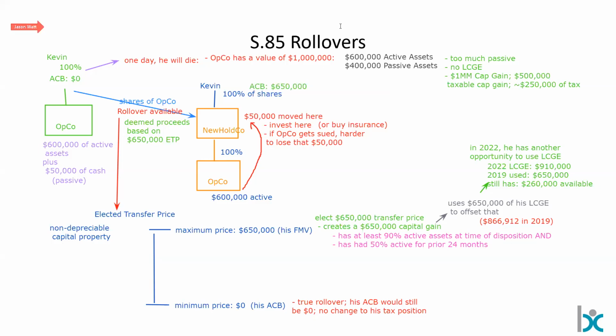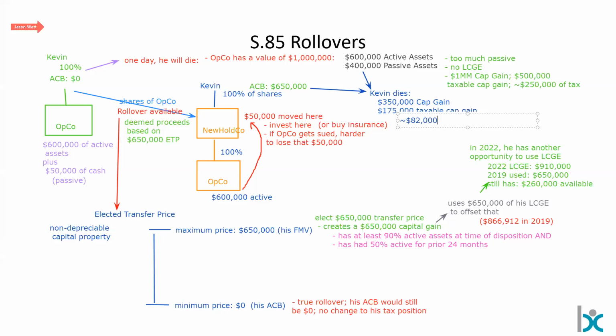If Kevin dies later on with a $1 million company, now when Kevin dies, instead of a $1 million capital gain, we're going to have a $350,000 capital gain, $175,000 of taxable capital gain, and by extension, we brought that tax bill down quite a bit. We're now looking at somewhere in the neighborhood of, whatever it is, $82,000.